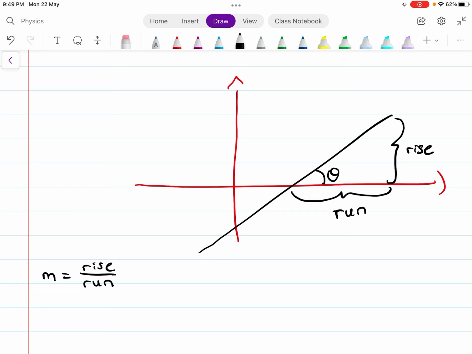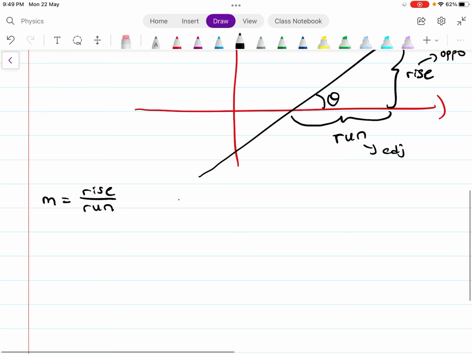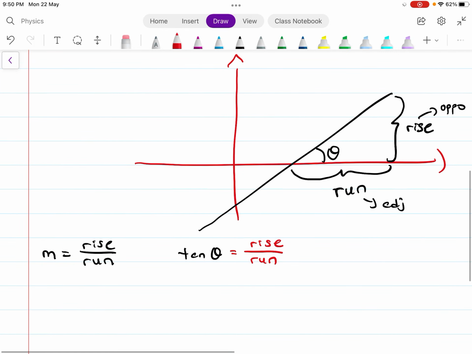Of course, back to trigo, we know that this rise is opposite, this run is adjacent. So tangent theta, same idea, right? So tangent theta is equal to rise over run. Why is that so? Because this is a 90 degree triangle. So you equate them together, right?